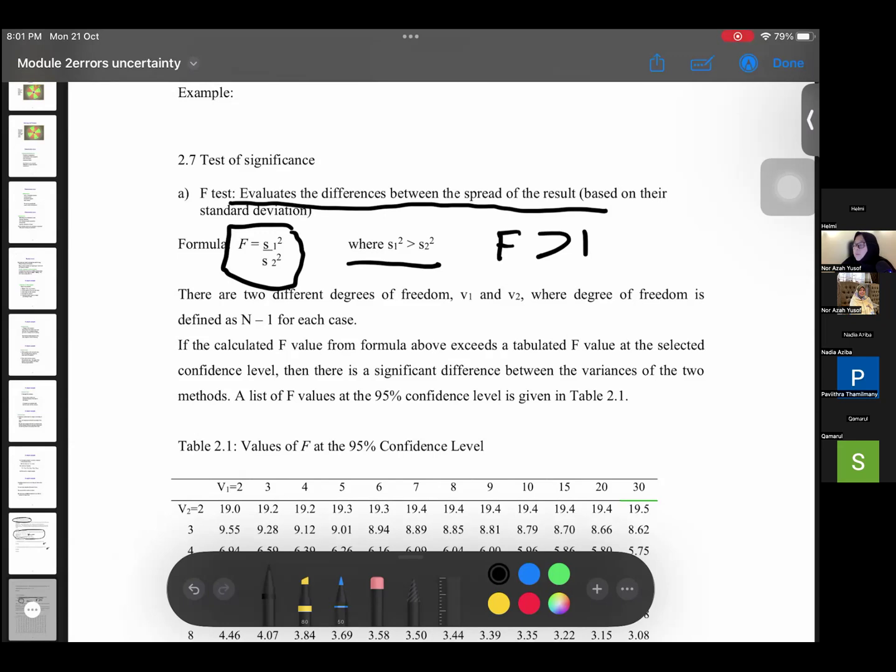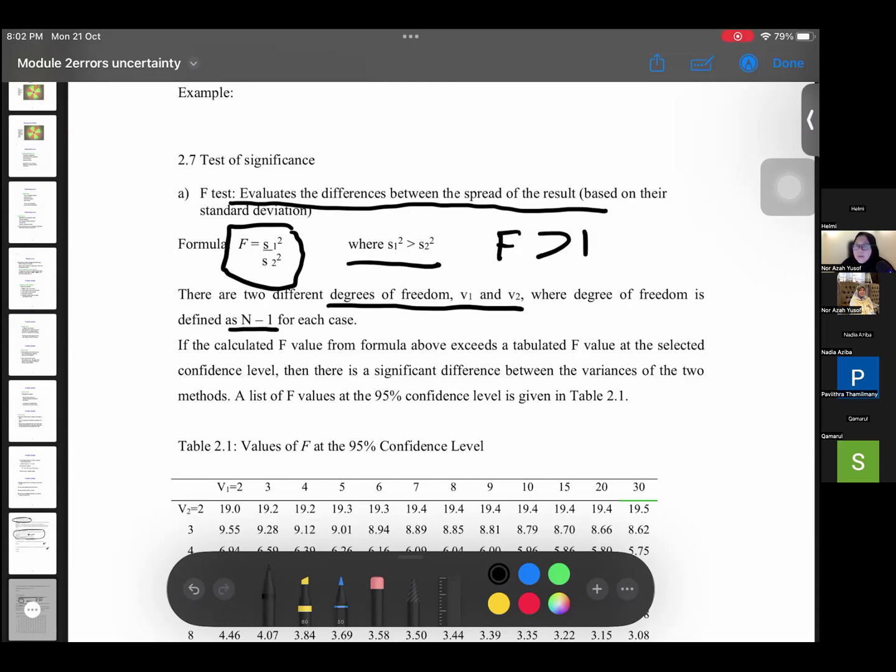Let's familiarize yourself again with degrees of freedom, psi 1 and psi 2, where degree of freedom is defined by the number of data in the sample set minus 1. So you have to familiarize yourself. You have possibly gone through this during your undergraduate studies, but this is a repetition.